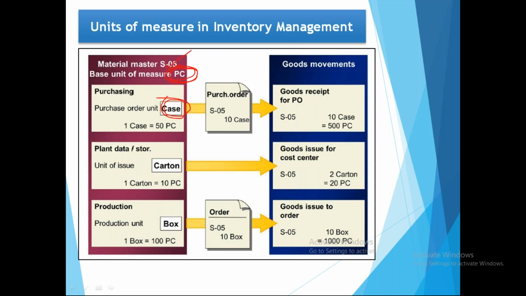Let's say you want the vendor to deliver the material in cartons instead of pieces. At that time you will maintain the purchase order unit as case or carton. Whenever you create a PO, the system will automatically read the purchasing unit and give you the purchase order accordingly. And when you receive the material, stock will get updated accordingly.